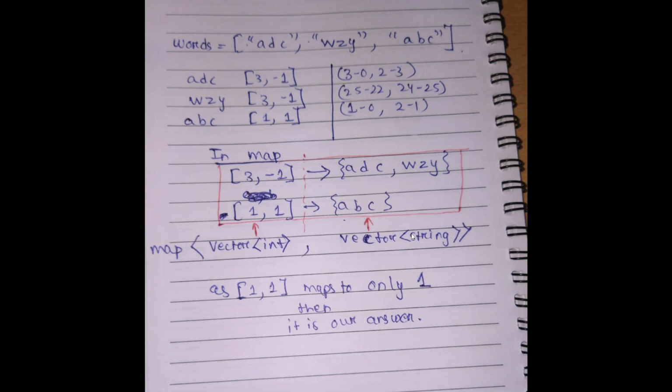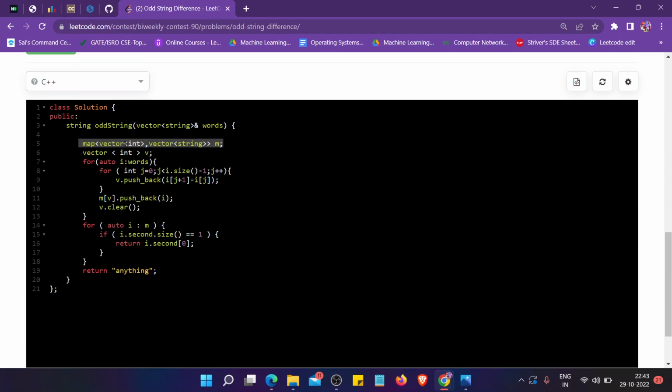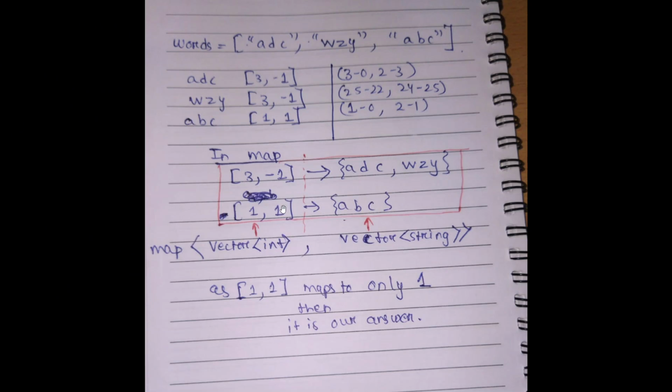So let's see, a map of vector int mapping to vector string. I have created a map of vector int mapping to vector string, and I have taken a vector v that will store the current difference vector. I'm traversing the words vector with a for each loop. Then I push back all the differences into the vector int, which stores 3, minus 1, then 3, minus 1, then 1, 1.